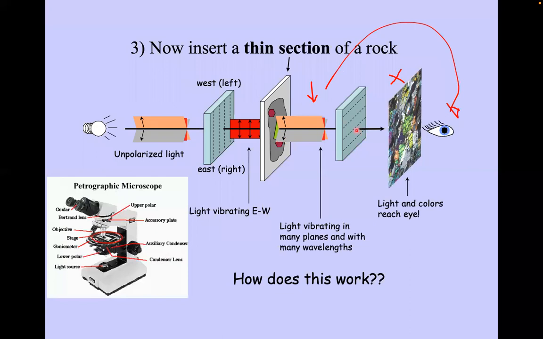Some minerals can remain dark, but when you rotate the stage, become bright, meaning they can still reorient some component. That is also another factor. If the mineral remains dark all the time, even when you rotate the stage, that means those minerals cannot reorient the light at all.